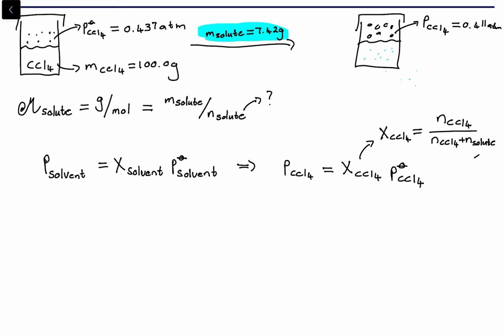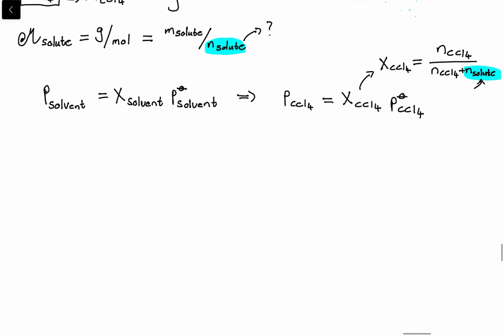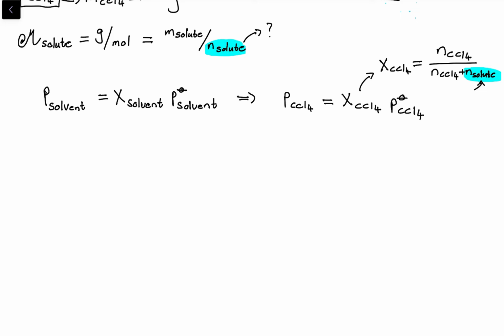So we can solve this for the number of mole of the solute. What we need to do is determine the mole fraction from Raoult's law, then from the mole fraction determine the number of mole of the solute, and then from that determine the molar mass.